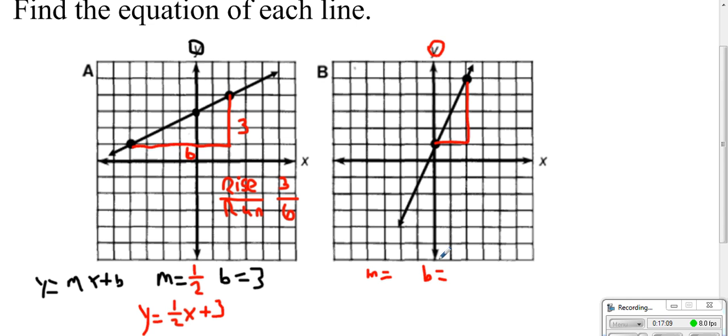It crosses there. So that's 1. And we're going to measure, count. This is 2. And 1, 2, 3, 4. The rise is 4. So rise over run is 4 over 2. That makes the slope 2. So it's y equals mx plus b. It's 2x because that's the slope, 2, plus 1. And that's the end of that question.